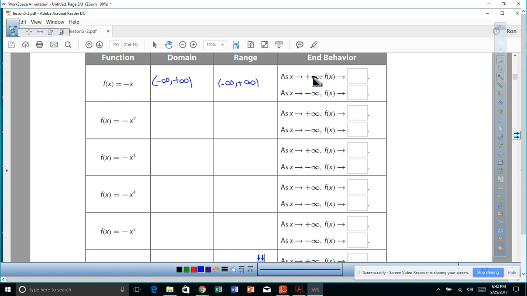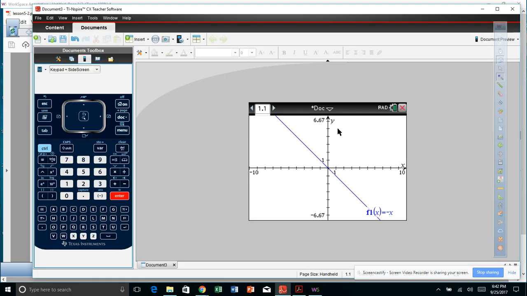And as x approaches positive infinity, f of x approaches negative infinity. As x approaches negative infinity, f of x approaches positive infinity. Okay? And take a look. As it gets out here, it's way down here. As it gets out here towards negative infinity, it's way up there.